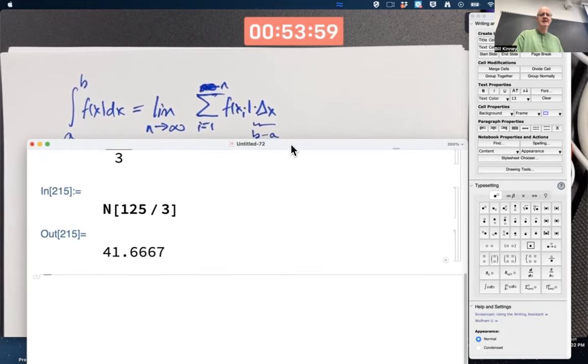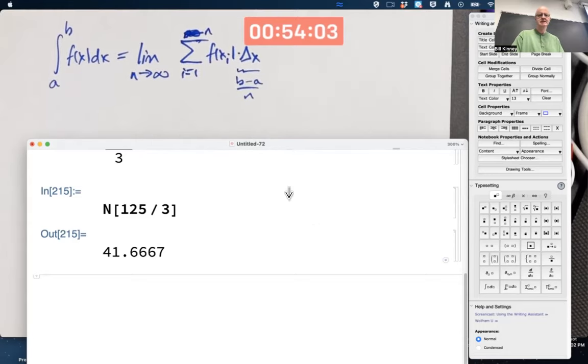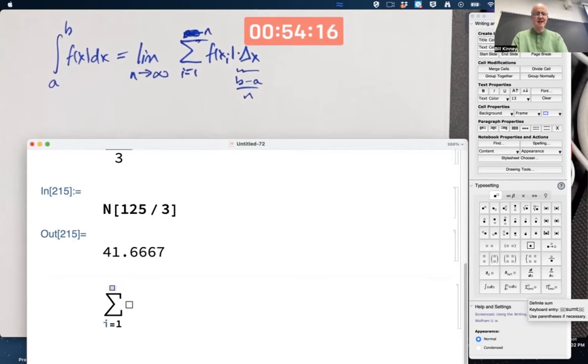Well, it's a little tricky. Let's see if Mathematica will evaluate this sum. I just pressed the summation button right there, right next to the integral. i goes from 1 to n. f of x_i times delta x. Well, how do I type that in?